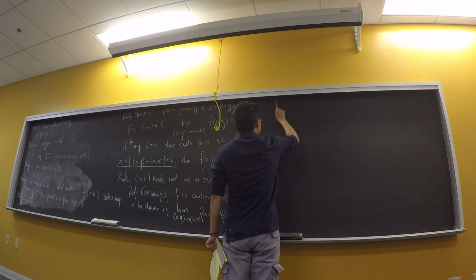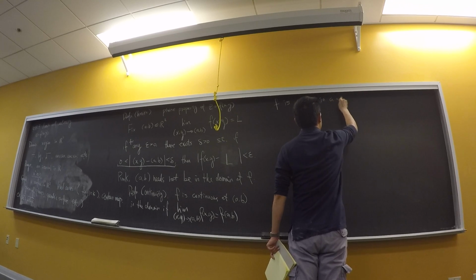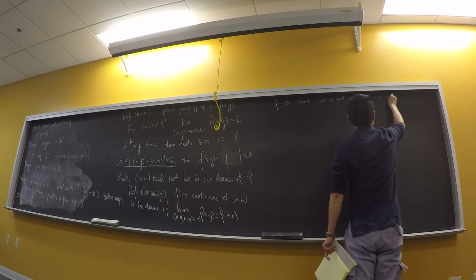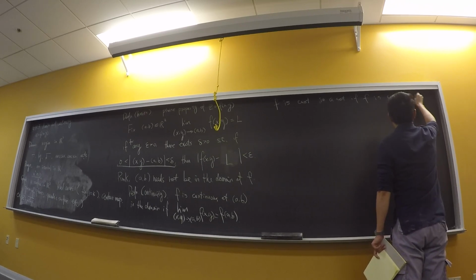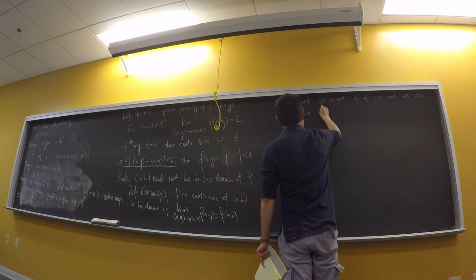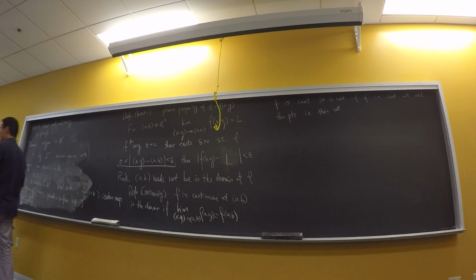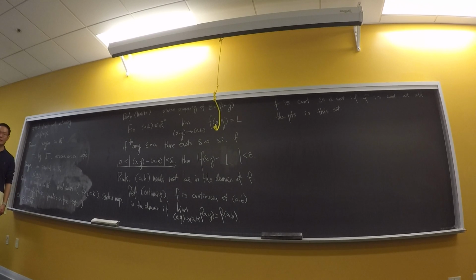But we can also say function is continuous in a set if f is continuous at all the points in the set. Okay? A function is continuous in a set is a stronger property than continuity at a fixed point. All right? So if we're given a set, and then we can verify if function is continuous at every single point coming from the set, then we will say this function is continuous in the whole set.